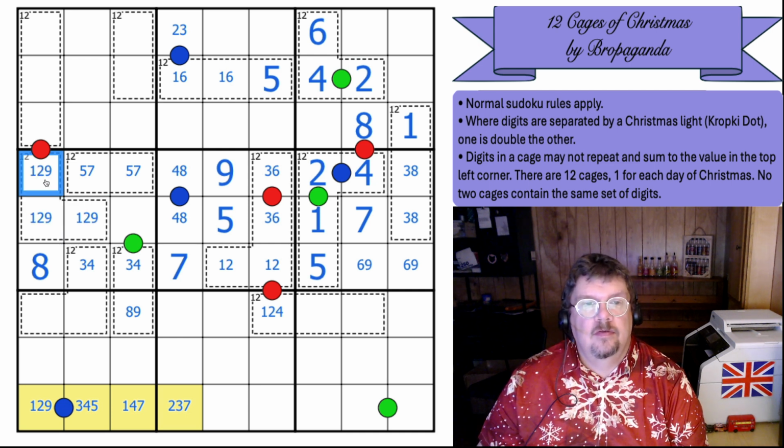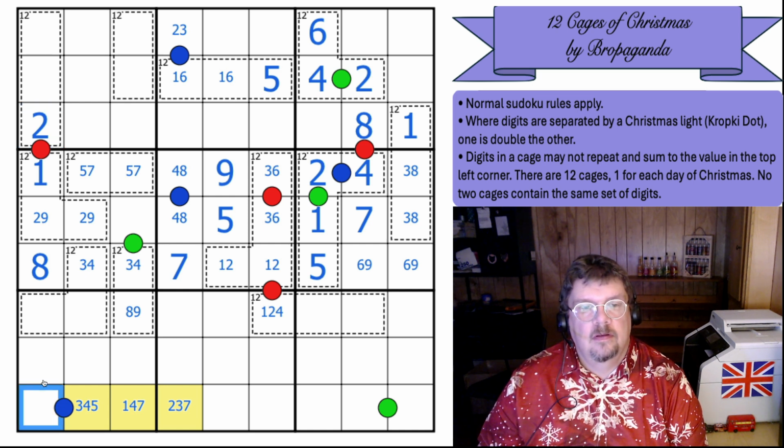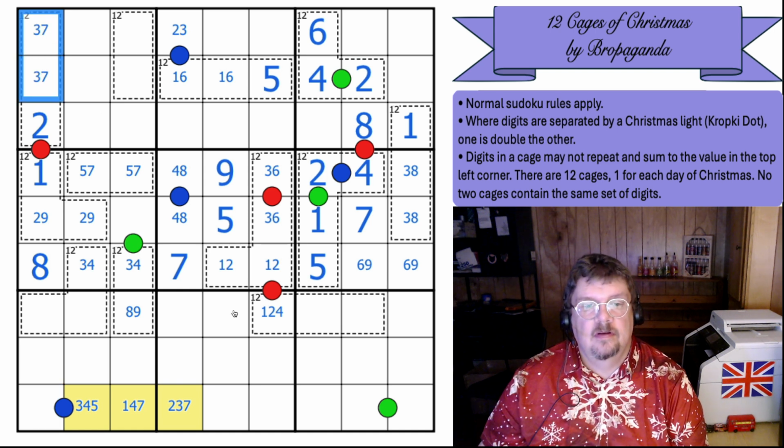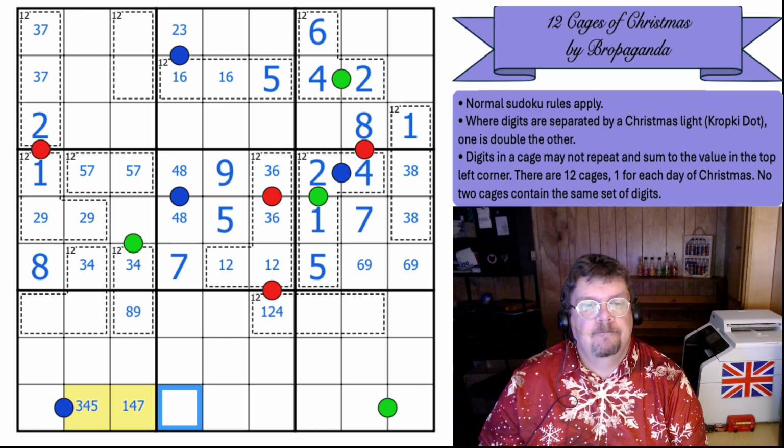And that can't be a 9 or a 2, that's a 1. So that's a 2. We've used our 1, 2, 9. This is only going to be 3, 2, 3, 7. That's the only option left. Okay.